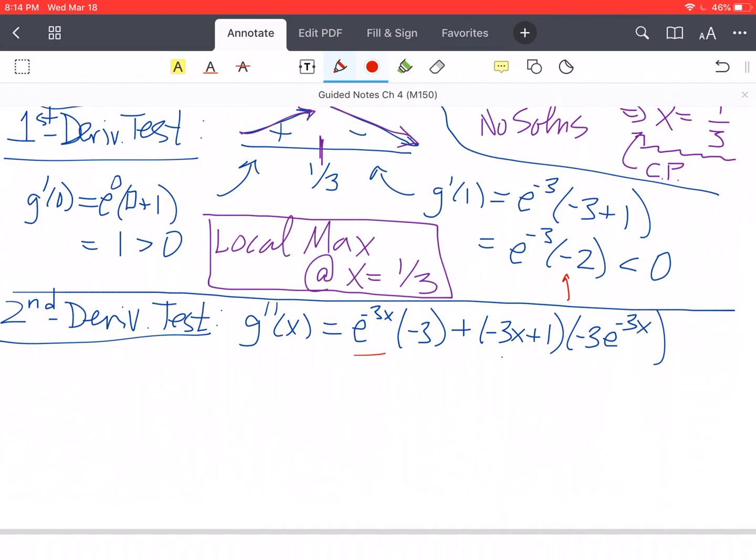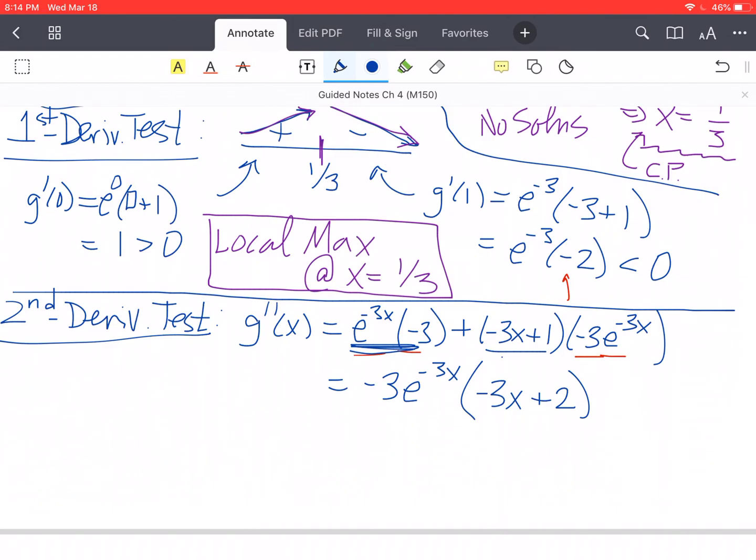E to the negative 3x times negative 3, e to the negative 3x times negative 3. I'm going to pull that out of all of it. So that's negative 3 e to the negative 3x. What's left here is just a factor of 1. And then over here we have negative 3x plus 1. So we're going to get negative 3x plus 2. And that's going to be g double prime. Okay, so that's our second derivative.